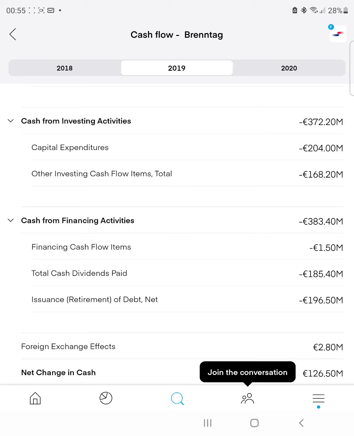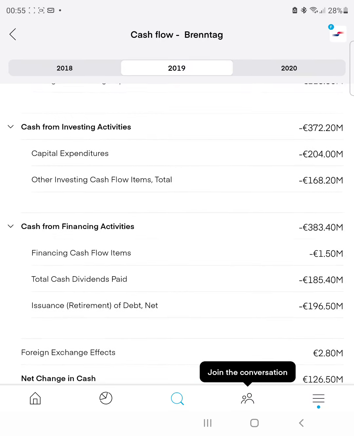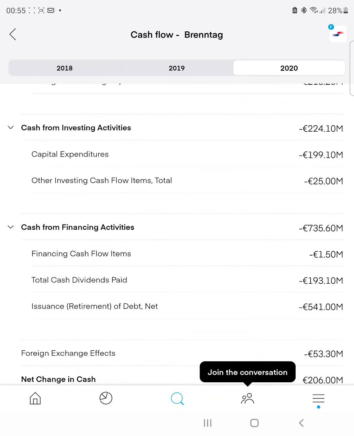So if you balance that out, over the past 3 years, excluding the current financial year, the company's added about 208 million euros in value, which is definitely very good.